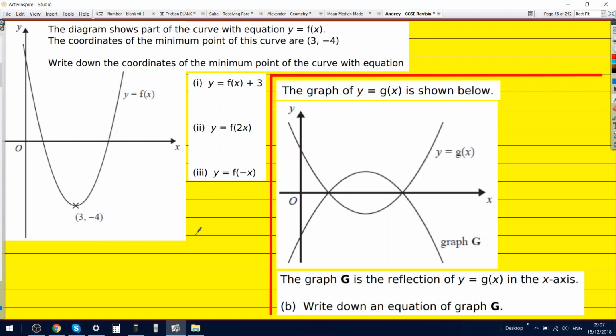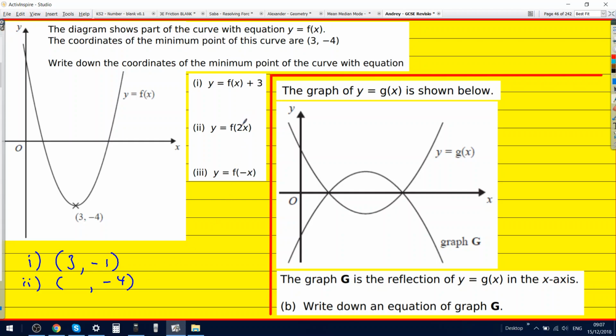So would the first one be like 3 minus 1? Yeah. And then the next one, 1 minus 4. How did you get 1? 3 minus 2.